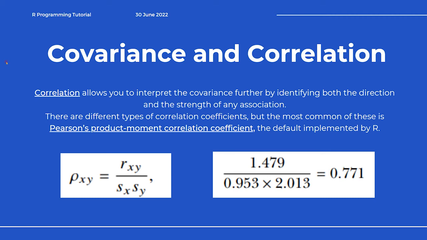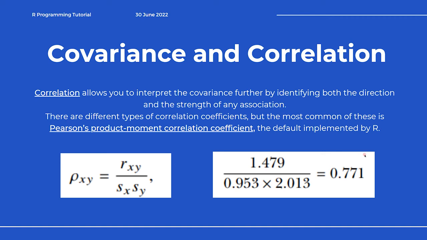As the coefficient increases above 0, a positive relationship is shown until the correlation is equal to 1, which is a perfect positive linear relationship. As you can see, the value of correlation here is 0.771, which means that the correlation has a positive relationship.